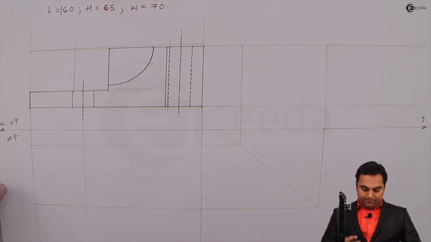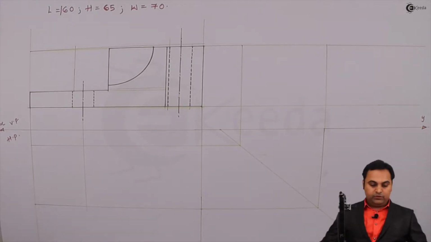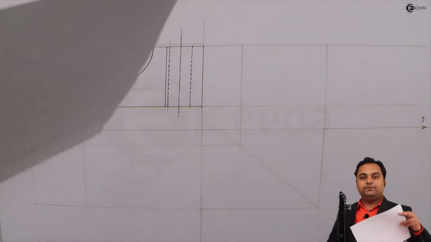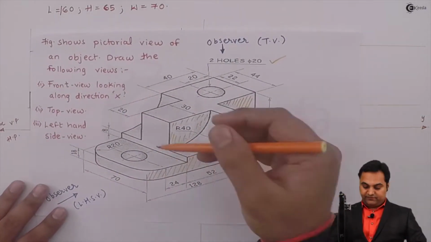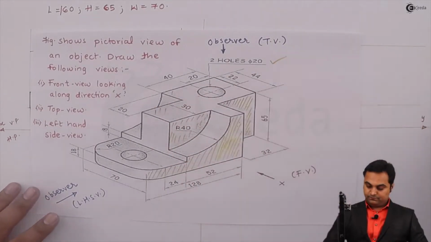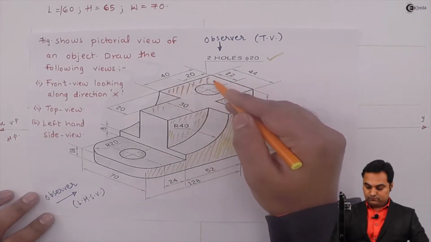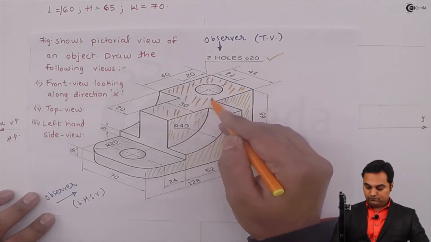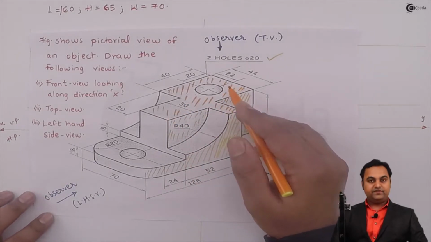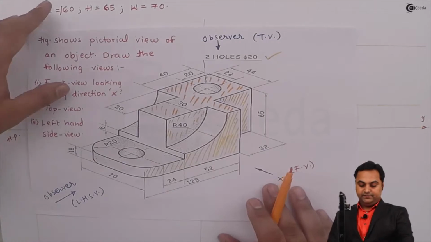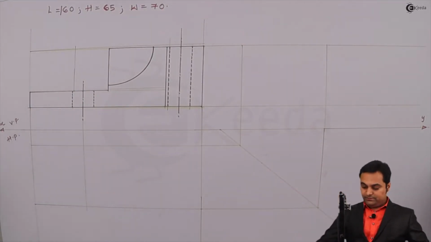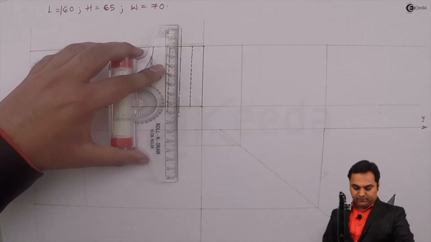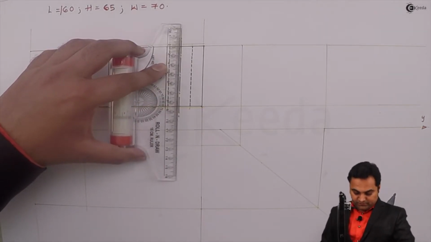Then after that, I'll be projecting the top view, and when I'm looking from top, the first thing which is visible to me is this surface. So I need to draw this surface along with the circle inside it. First, I'll draw the circle. For that here we have the center of the circle.